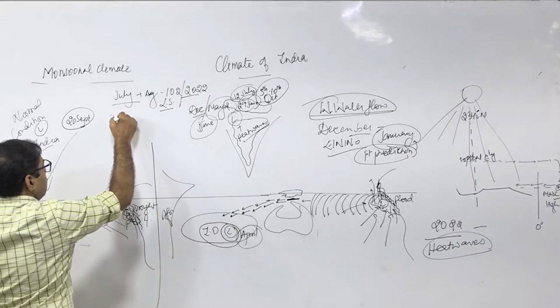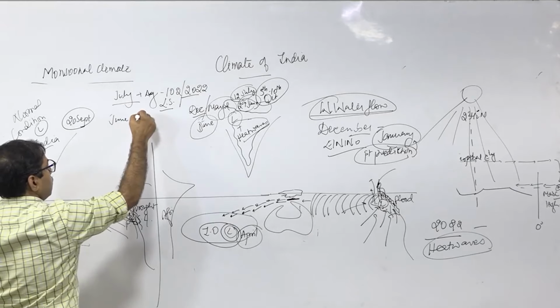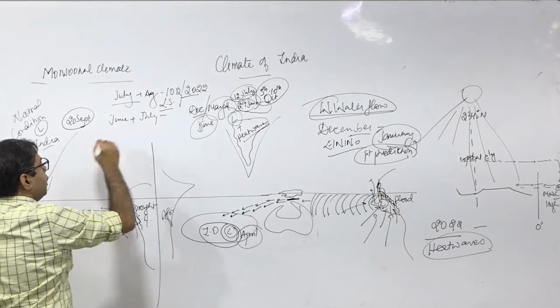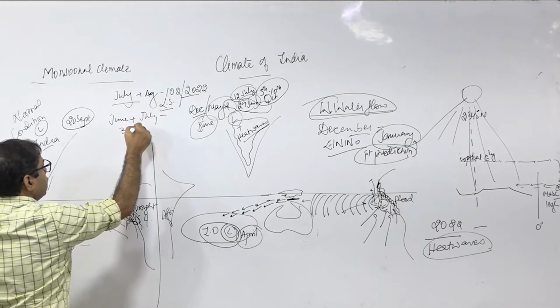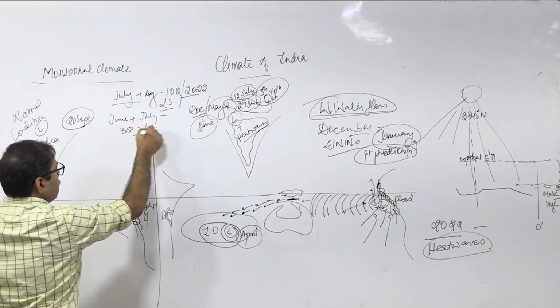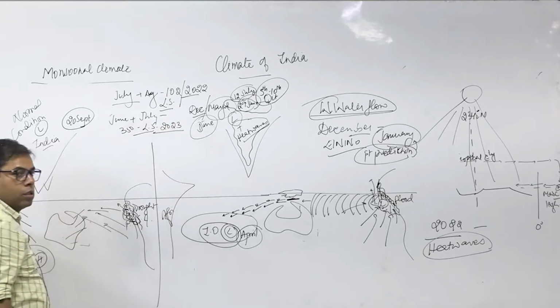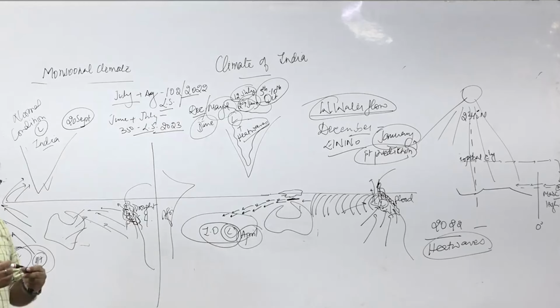From June to July, there have been 350 cases of landslide in the year 2023, and rainfall intensity is very high, right? इसके दो reason हैं. There are two reasons for that.